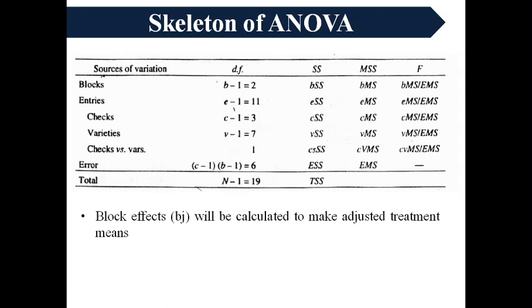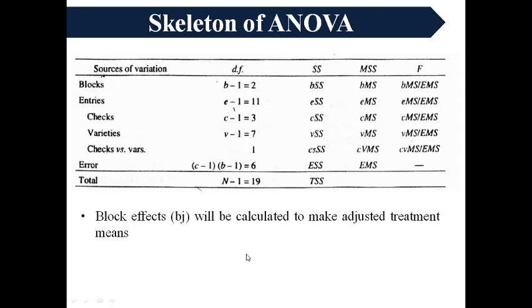And here block effects will be calculated to make adjusted treatment means, because we didn't replicate our treatments, I mean the varieties. We only replicated checks but we didn't replicate any treatments.